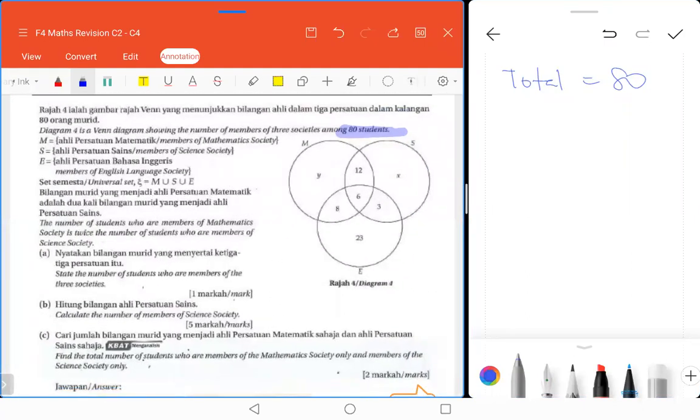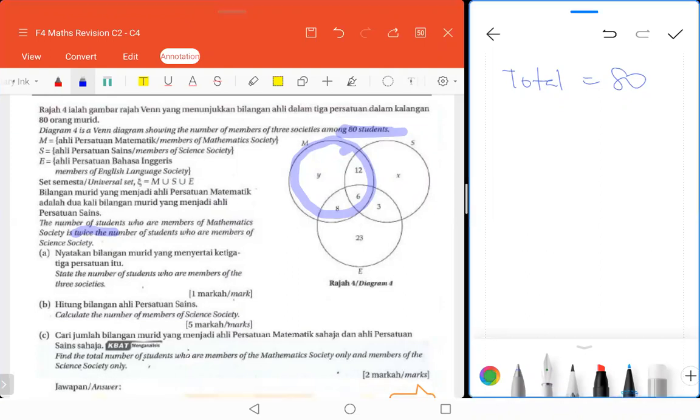Wait, here still got the number of students who are members of Math Society is twice the number of students who are members of Science Society. We form an equation first, yeah? Over here, we form an equation first. You see the number of elements inside, right? So we write down first.